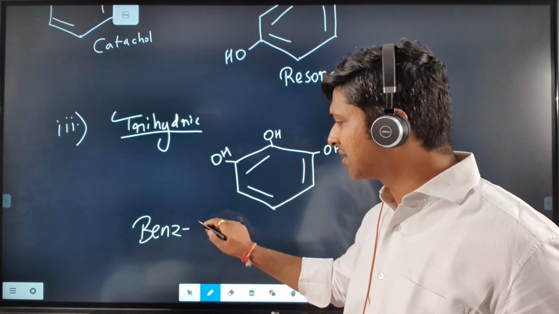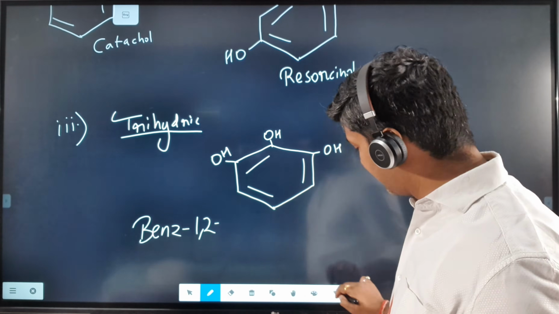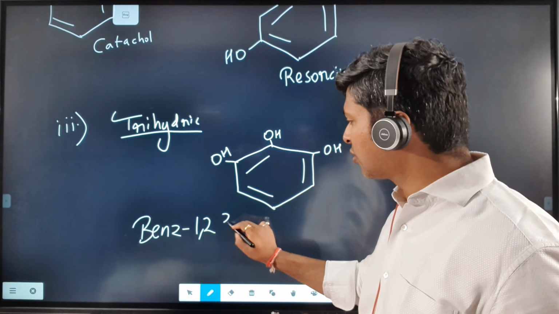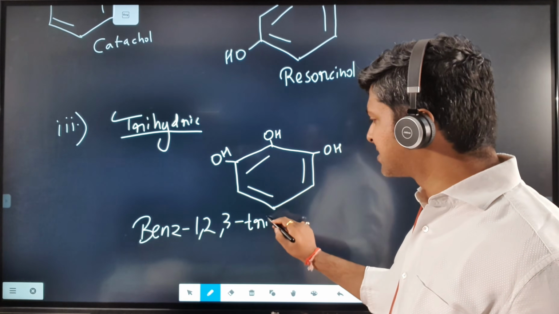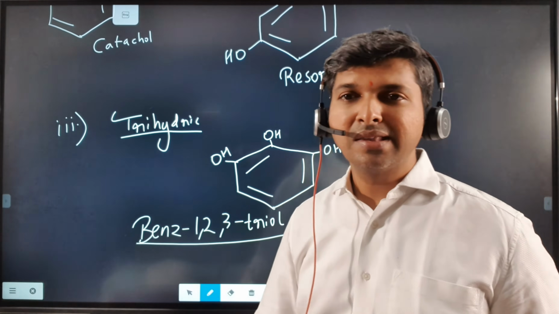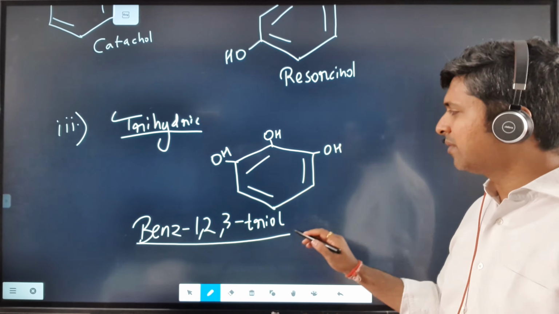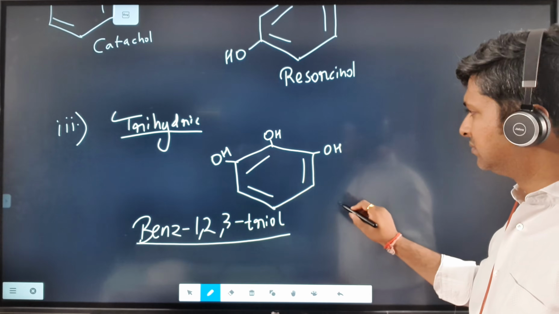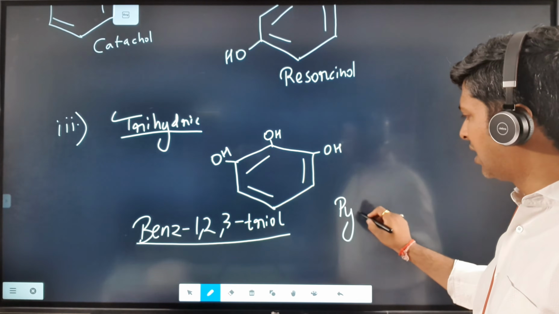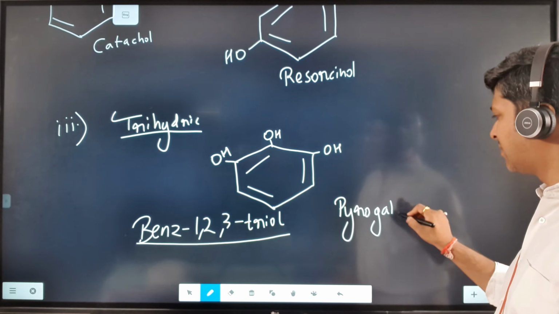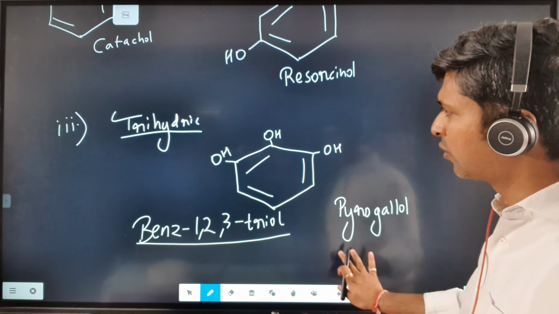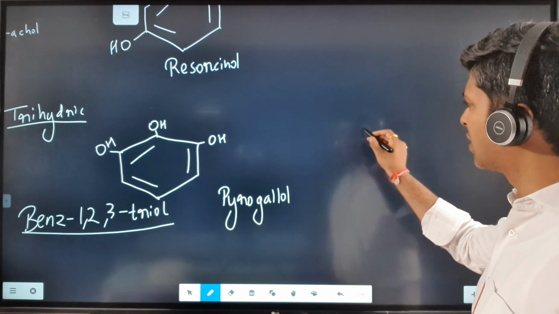Benz is coming not from Mercedes Benz, it is benzene ka Benz. So Benz 1, 2, 3 triol, and the name of this compound will be pyrogallol. Pyrogallol is the one which is used for dissolving oxygen. This is a compound which is known to dissolve oxygen.